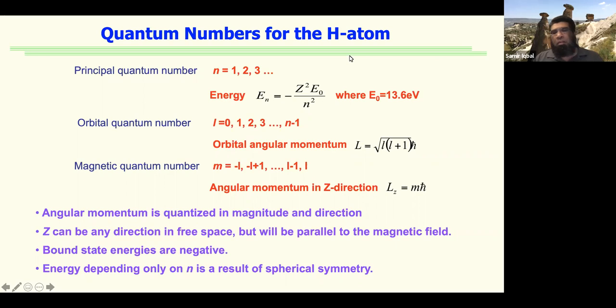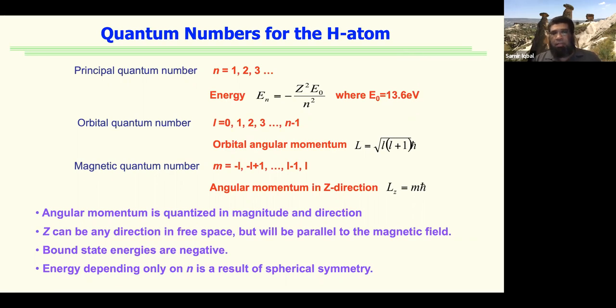At a very high level, if you were asked what the four quantum numbers are, we write them as a set: n, l, m, s, where each one means something. n is called the principal quantum number, which helps us calculate the energy of a particle, and the particle here is the electron.